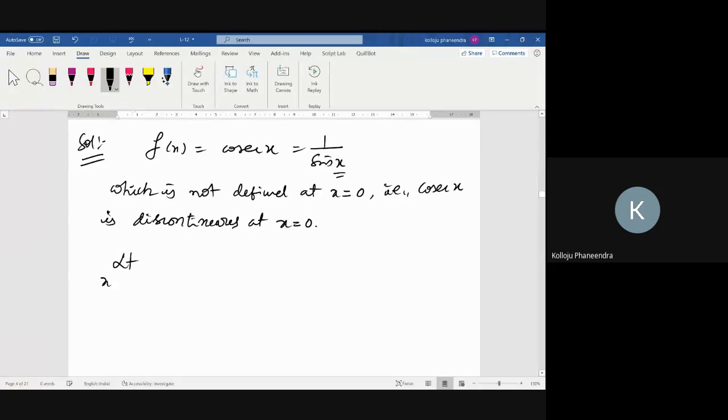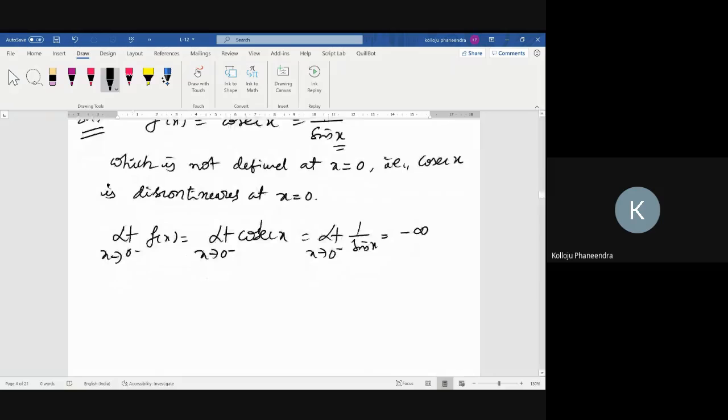Let me consider the left limit at 0 minus: limit x tends to 0 minus of cosecant x, that is 1 by sine x. When x approaches 0 from the left, this is minus infinity. One can substitute x equal to 0 minus h, h tends to 0, and you will get minus infinity.